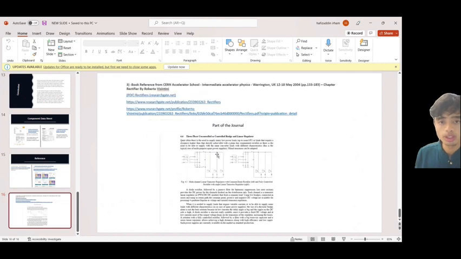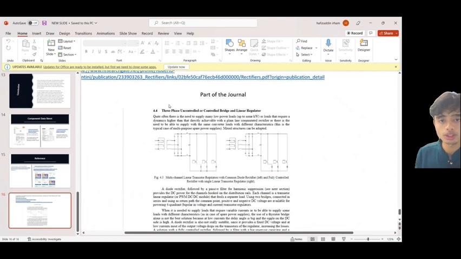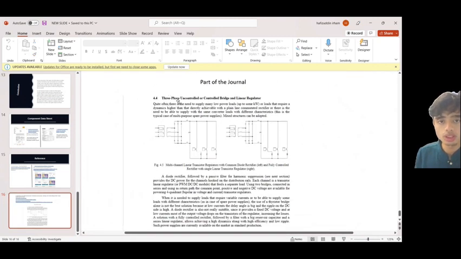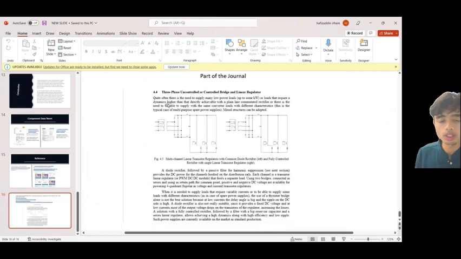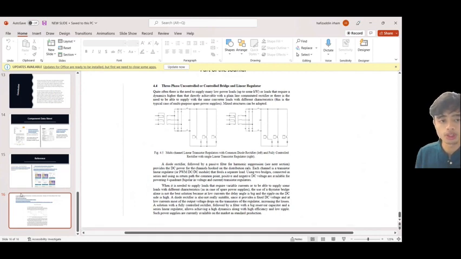And also, to get a certain amount of information about the three-phase rectifier, we also referred to Intermediate Accelerator Physics, in the chapter on rectifiers, whose author is Roberto Vicentini, and this is the part of the journal which tells a certain amount of information about the three-phase uncontrolled and controlled bridge rectifier.